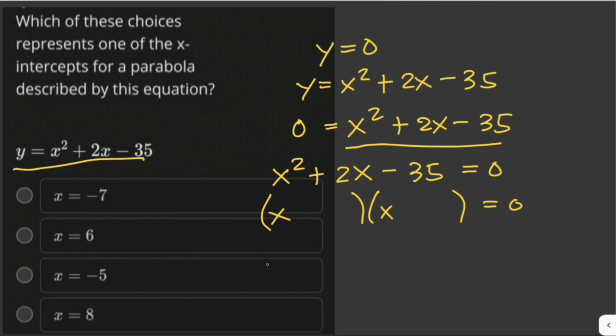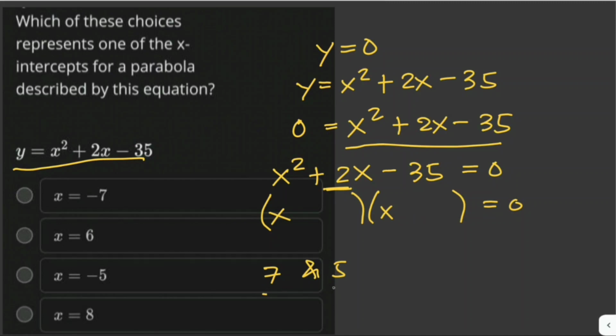Okay, so maybe let's try 7 and 5. Okay, so one of the factors should be negative, but our middle term is positive. That means that one of the factors, the larger number, should be positive.